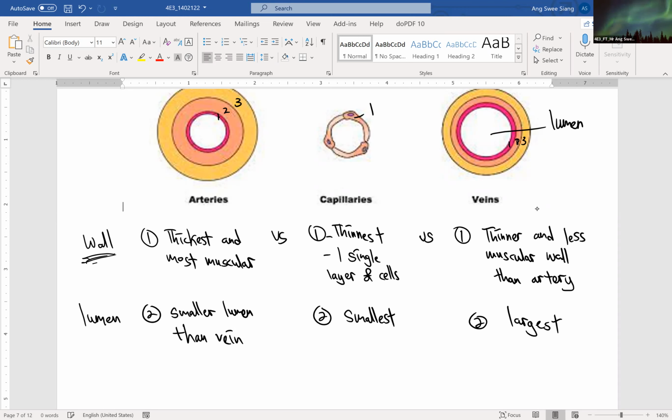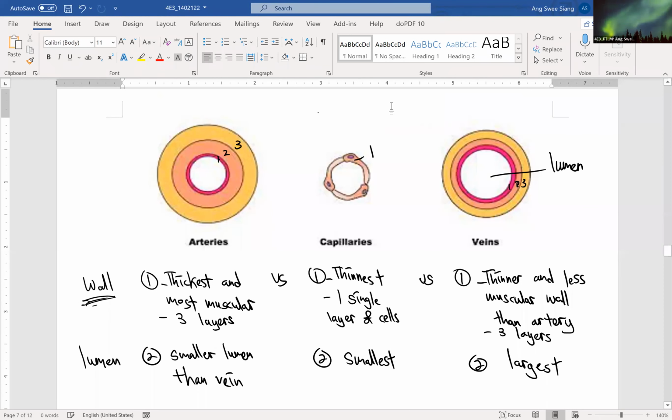Whereas for arteries and veins, you have 3 layers. So what are these 3 layers? They are the endothelium. The red one is the endothelium layer.